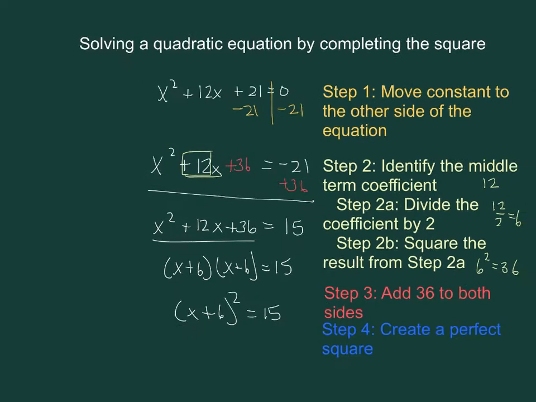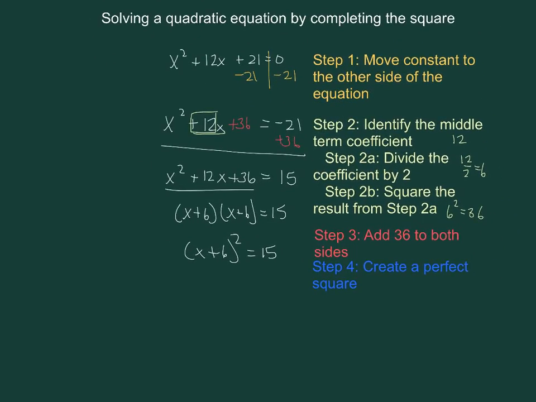So now we're on to step 5. Step 5 is quite nice because all it wants us to do is square root both sides.